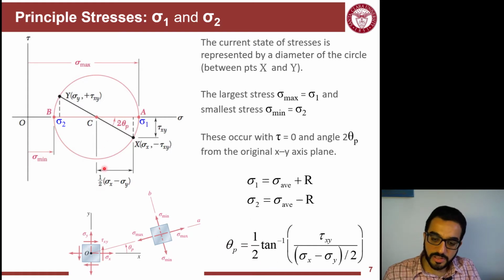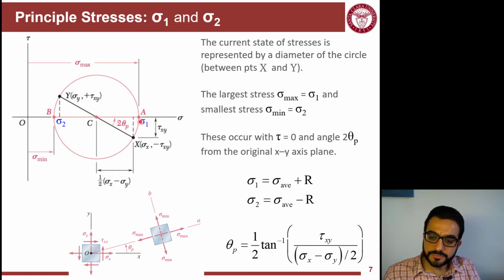You can see my original state of stresses is that solid black line, or diameter of the circle. Following the direction of rotation to move from this diameter to that diameter, the flat one, this means the stress block, to the orientation where I will have the maximum normal stresses, will be rotated counterclockwise by theta p.